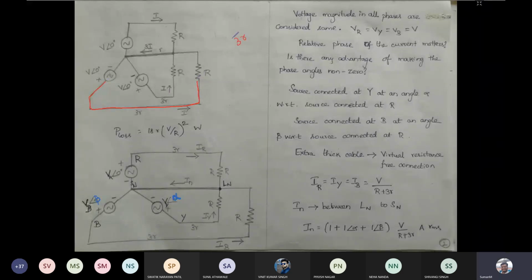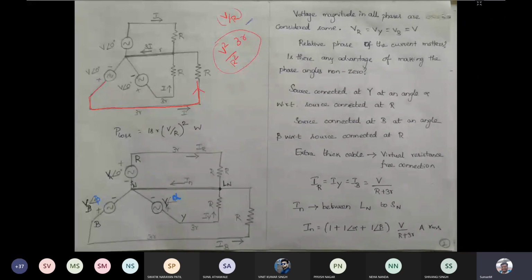So the current flowing through each individual load is V divided by R, and the power loss is again (V/R) whole square into 3R. This is for the positive cable which is connected to this positive terminal.